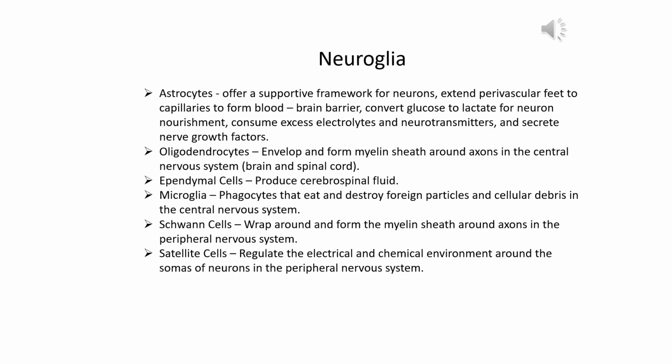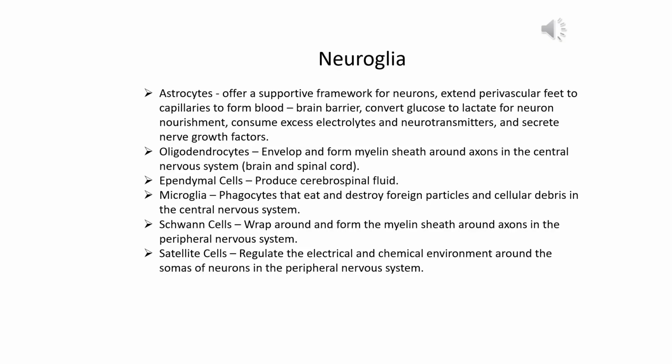They will absorb neurotransmitters so that the neurotransmitter doesn't continue to exert its effect on the postsynaptic neuron. Astrocytes also secrete nerve growth factors. Remember, I told you that if an axon is damaged, it can grow back.